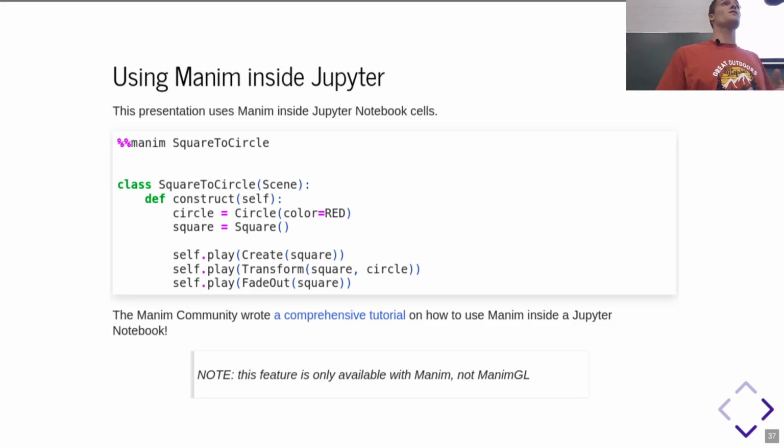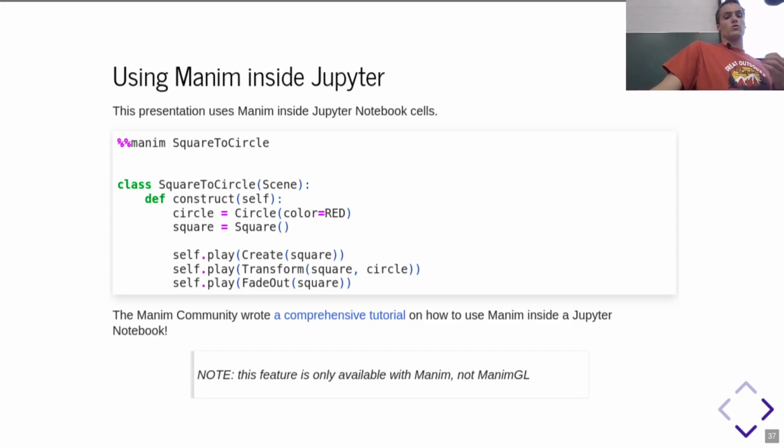The only thing that you have to do is include this line on top of the cells that you want to generate the animation for. Just a side note, it's only available for the community edition, so not for ManimGL.